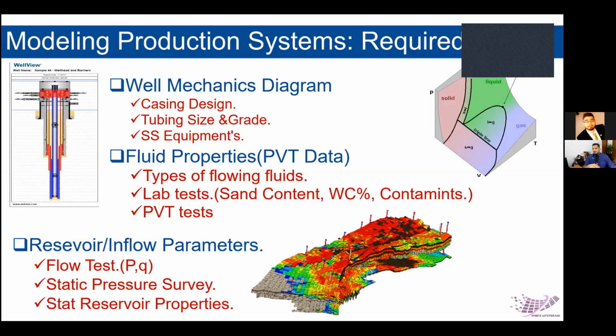You have to have regular pressure surveys. For example, you need pressure buildups, or at least you need to know the average reservoir pressure, because if you have a 2 or 3 or 5% error in that, it will become a lot of error in your production value.